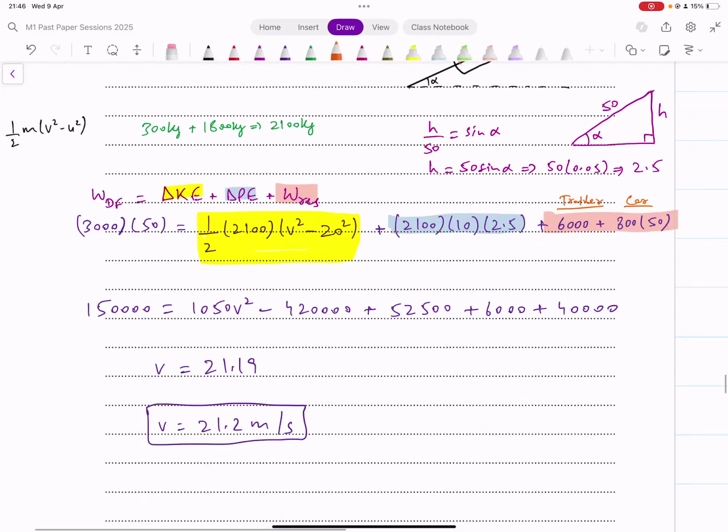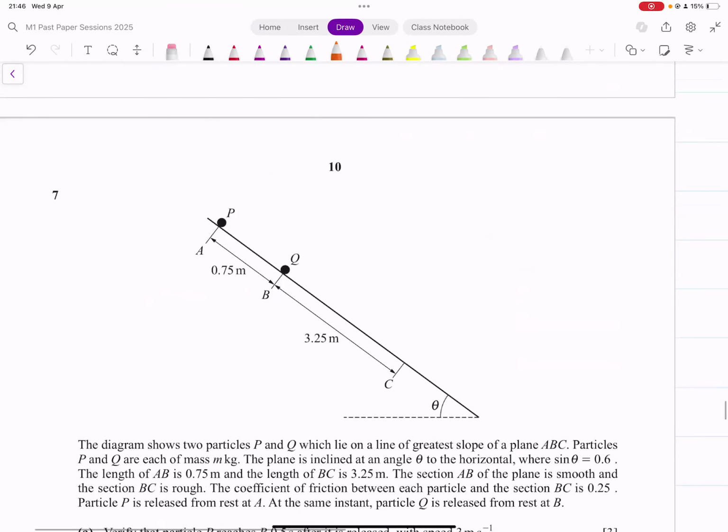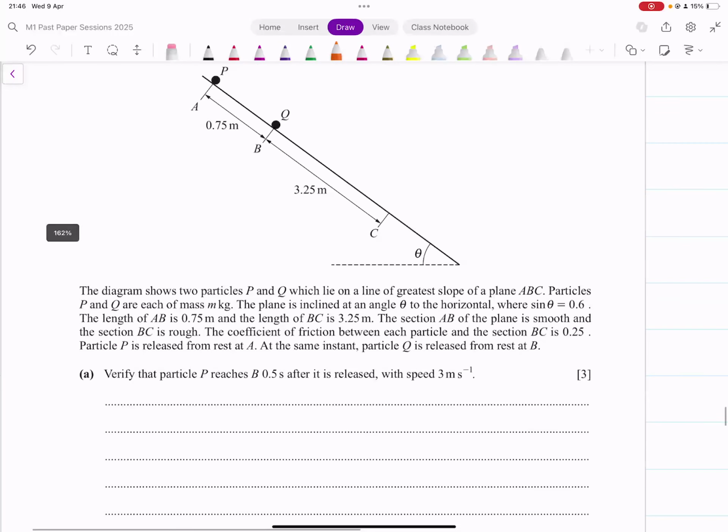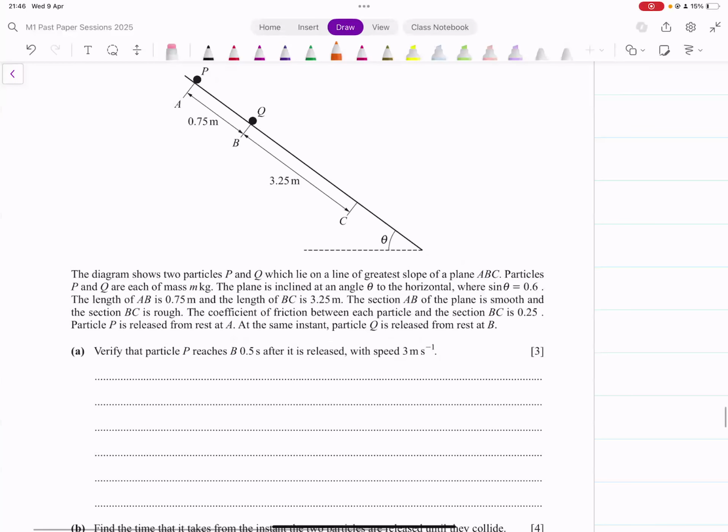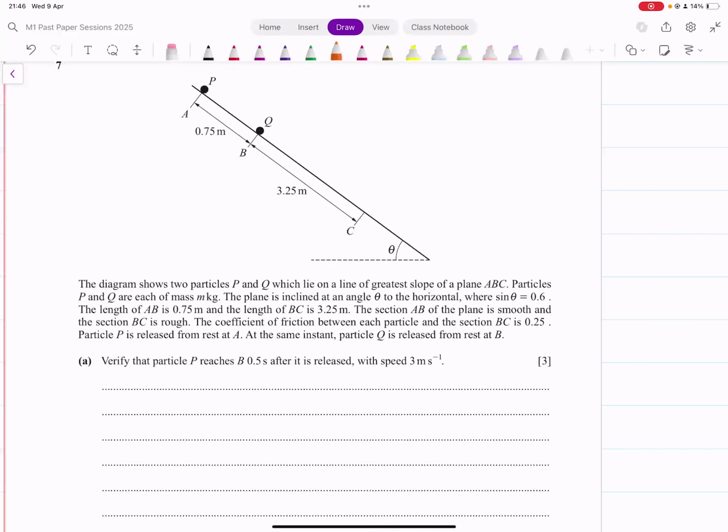Okay, now let's have a look at this. The diagram shows two particles P and Q which lie on a line of greatest slope of a plane ABC. Now you see, the first 5-6 questions were fairly straightforward, and we got relaxed while doing those, and we thought, okay, we're almost done, we just have 2 questions left.